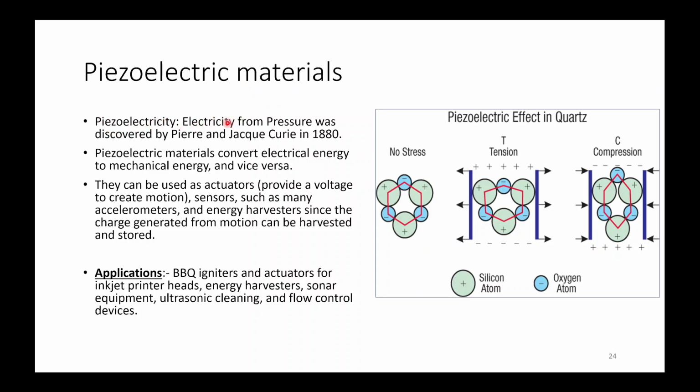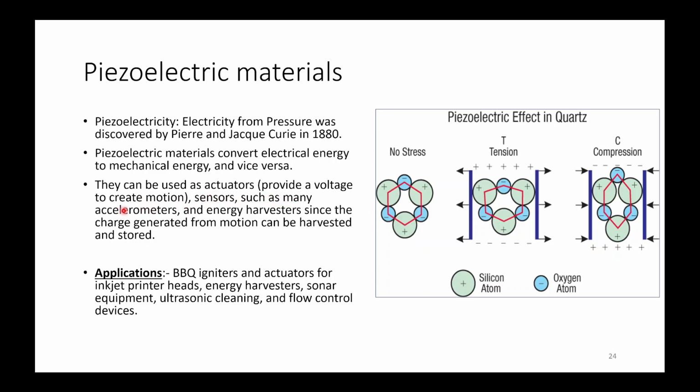Piezoelectricity. Electricity from pressure was discovered by Pierre and Jacques Curie in 1880. And piezoelectric materials convert electrical energy to mechanical energy and vice versa. They can be used as actuators, as they provide a voltage to create motion.